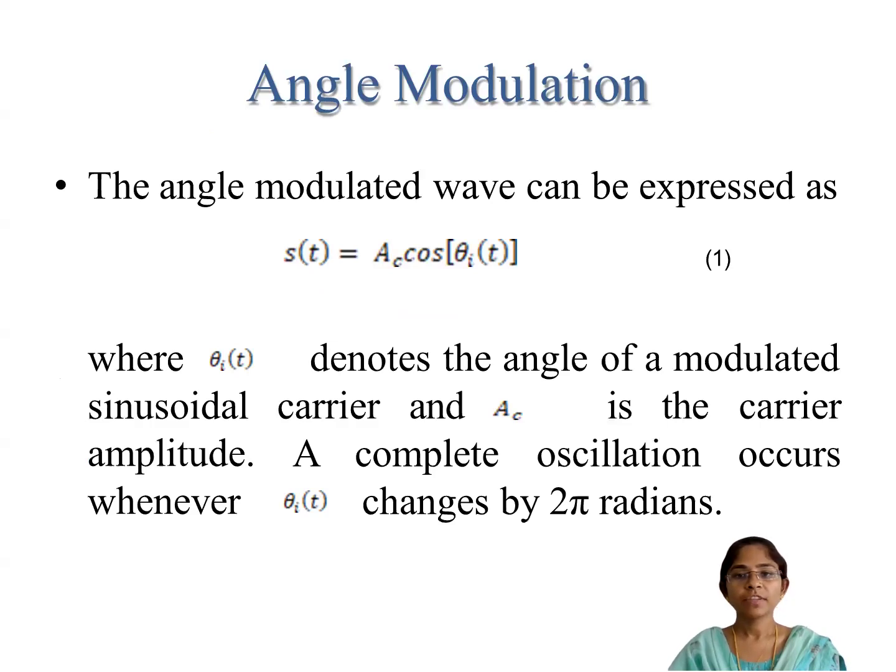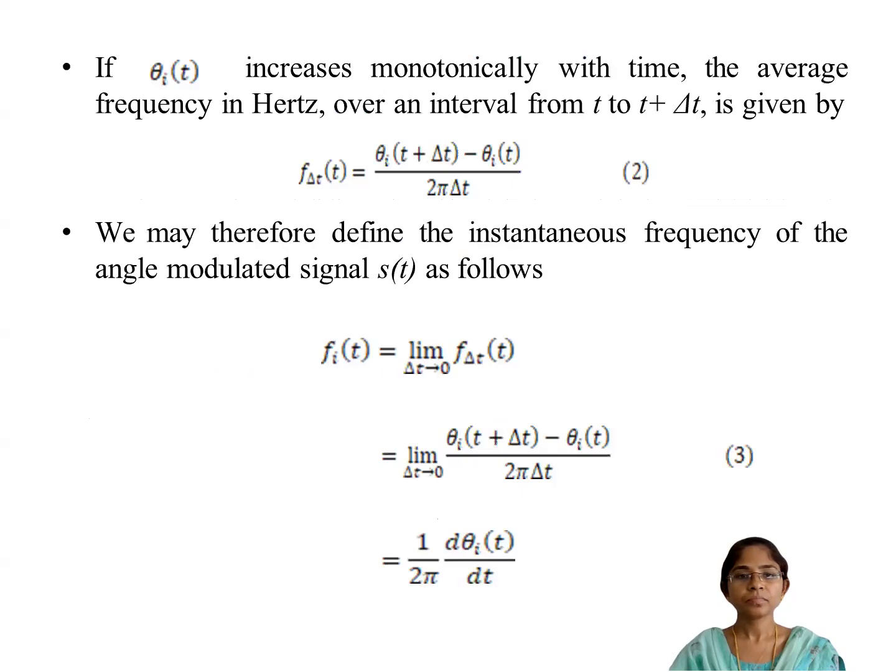The angle modulated wave can be expressed as S of t is equal to AC into cos theta i of t, where AC is the carrier amplitude and theta i denotes the angle of the modulated sinusoidal carrier. Here theta i of t is known as angle, and this angle increases monotonically with time.